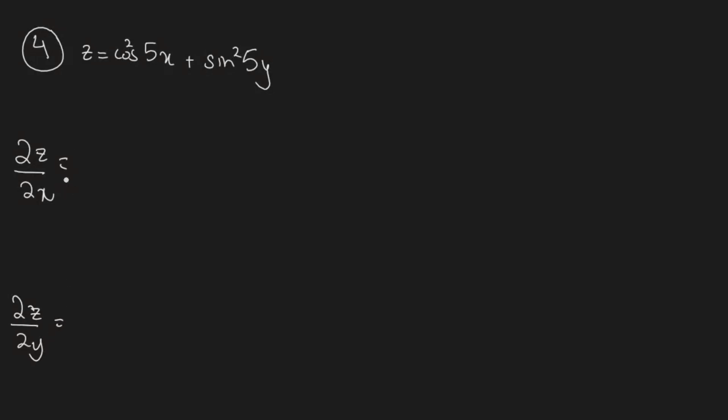Okay, so for this, first you have to notice that this function is a chain rule. If you cannot see that this is a chain rule, then you can write it like this as well, so that it's easier for you to find out that it's a chain rule.